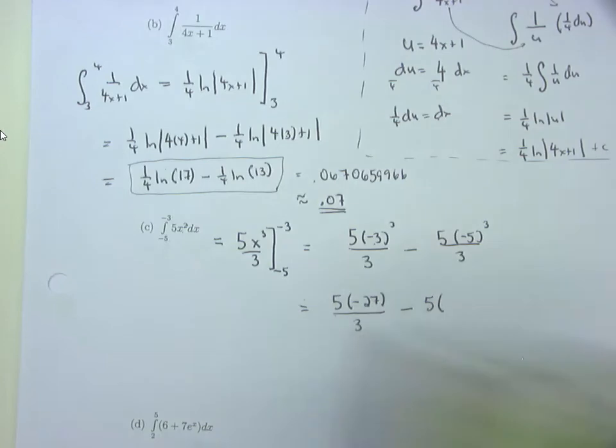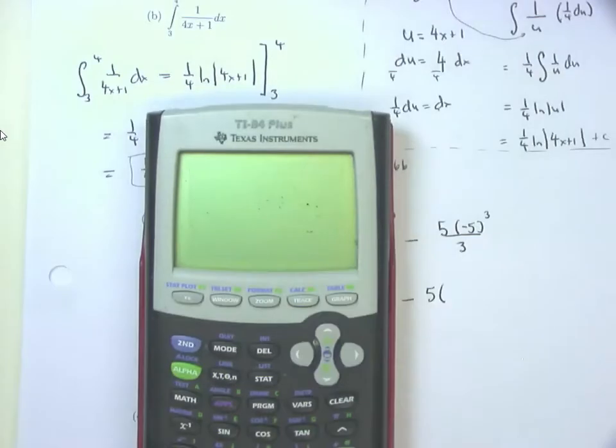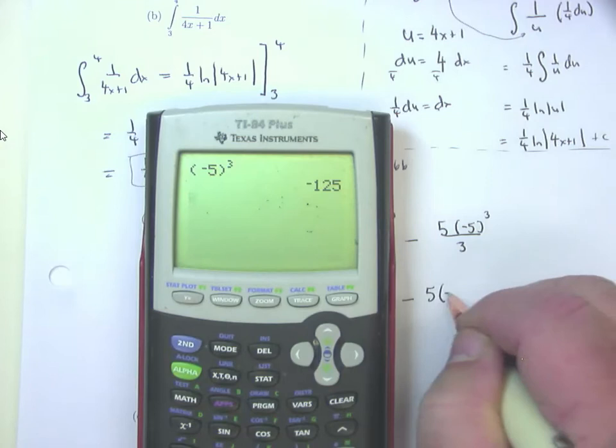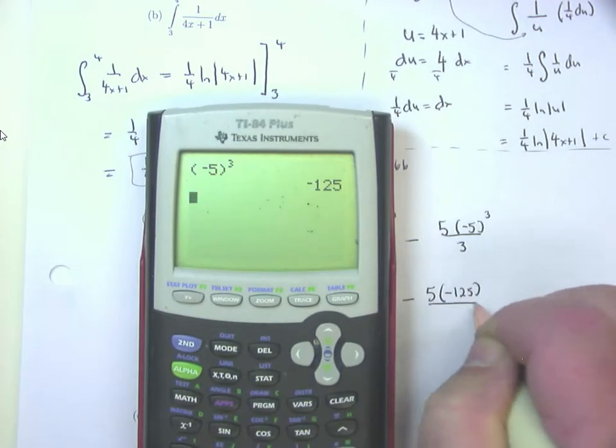If I want to do that on the calculator, it's -125, by the way, but when using a calculator, don't forget to put parentheses around it. Parentheses, -5 cubed is -125, over 3.